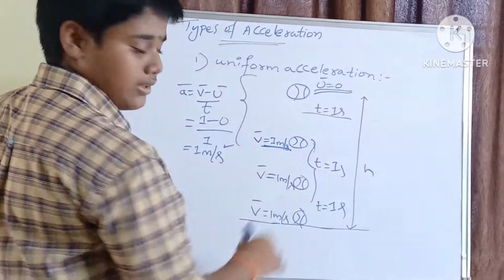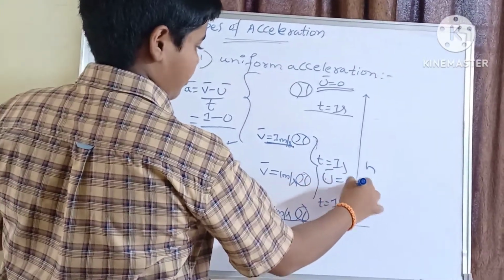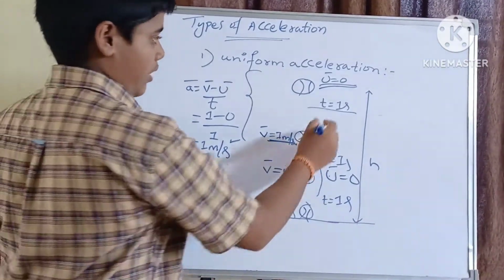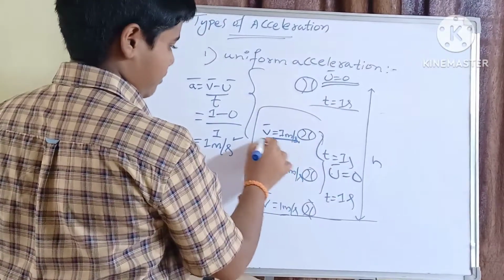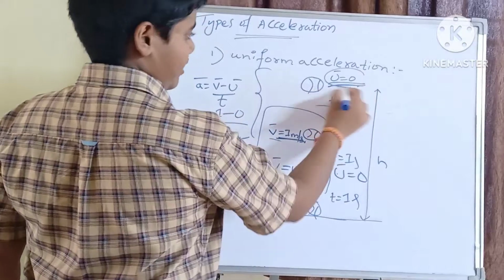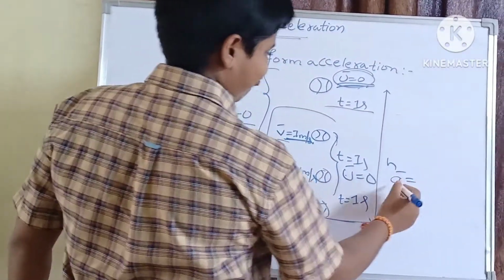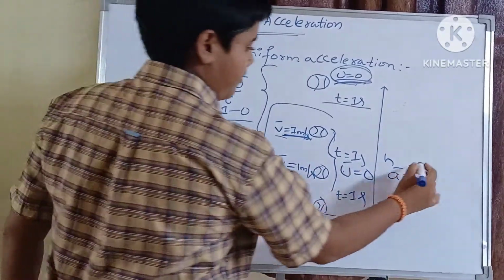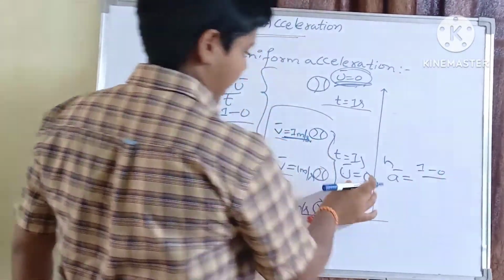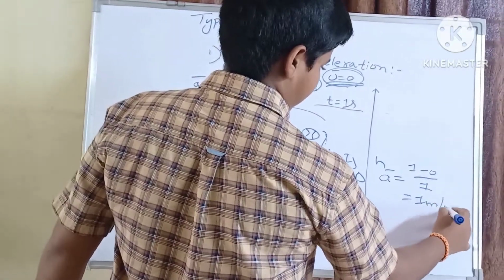For these two balls we have to use u equal to 0, because initial velocity is not there. Here the acceleration is final velocity 1 minus 0 by time 1, which is also 1 meter per second square.